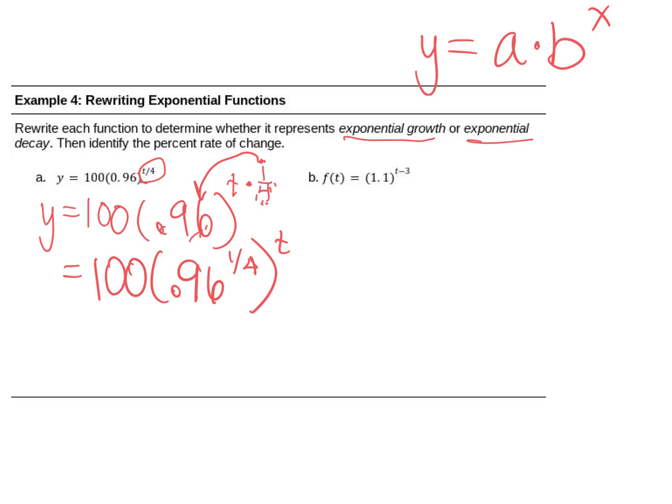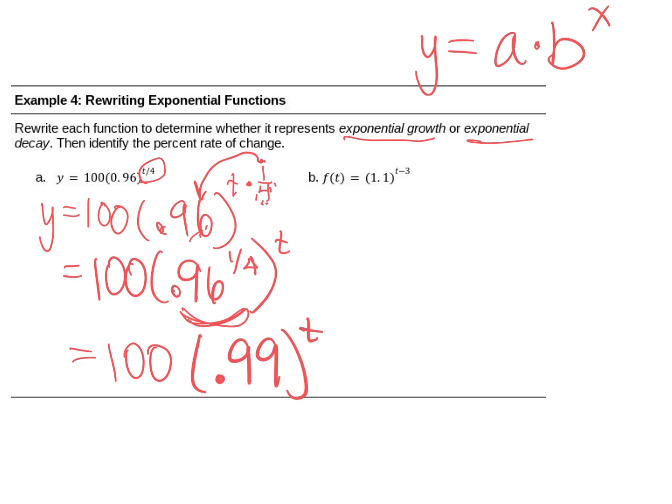Because now I can evaluate this. 0.96 to the 1/4 power gives you, I think it's 0.99. Yes, it is. Approximately 0.99 to the t power.